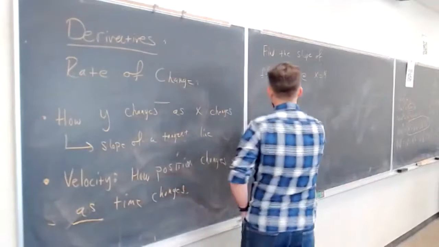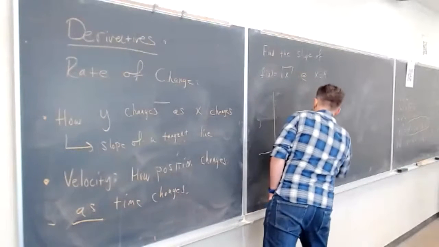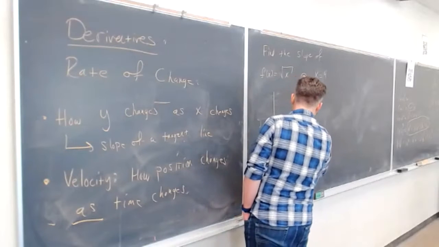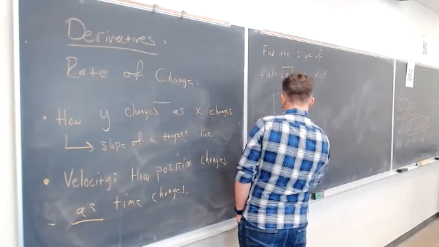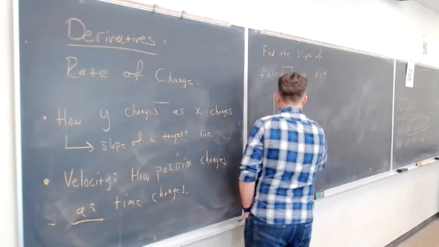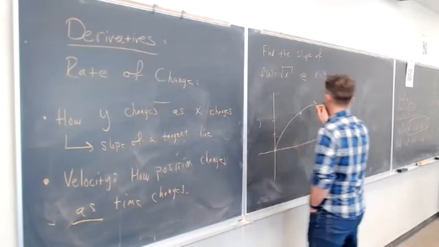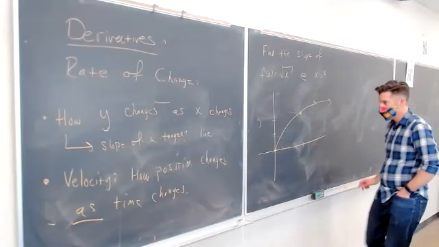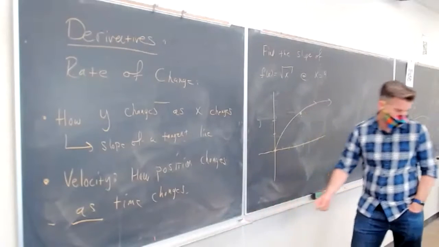Okay, we've got a function, square root of x, let's try and draw it decently well. At the points (0, 0), (1, 1), and (4, 2). So that's what it looks like. And we're trying to find the slope of the tangent line.